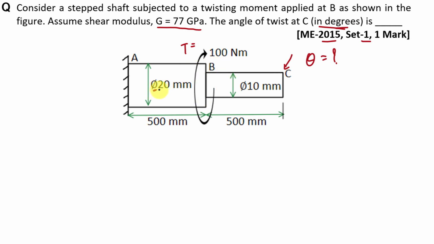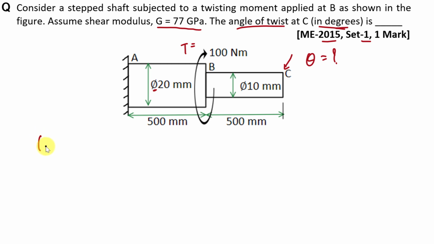This symbol shows the diameter and this is the length of both these shafts. We have to find the deformation at point C, or we can say at end C. Fine. Now understand that the deformation at C, or the angle of twist at end C, will be the total angle of twist of this combination, right?